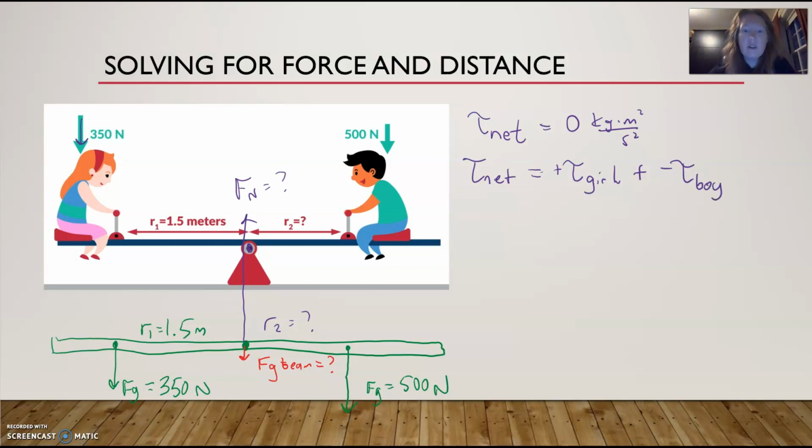Now the force of gravity. Oh, I should say, where am I doing all this from? I'm doing it right from the center, the fulcrum. But you're allowed to calculate the net torque from anywhere. I mean, you could calculate it from over here where the girl is sitting, even though that's not the axis of rotation, which seems kind of weird.